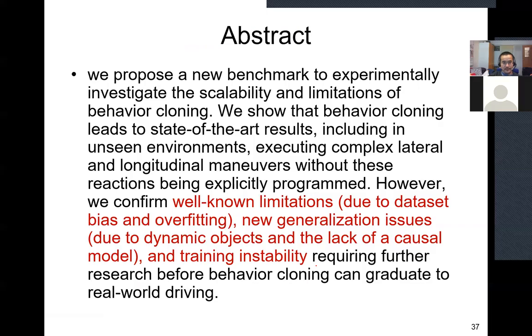They realized that their previous work has well-known limitations due to dataset bias and overfitting, generalization issues due to dynamic objects, lack of a causal model, and training instability. So they proposed an enhancement based on their last paper.